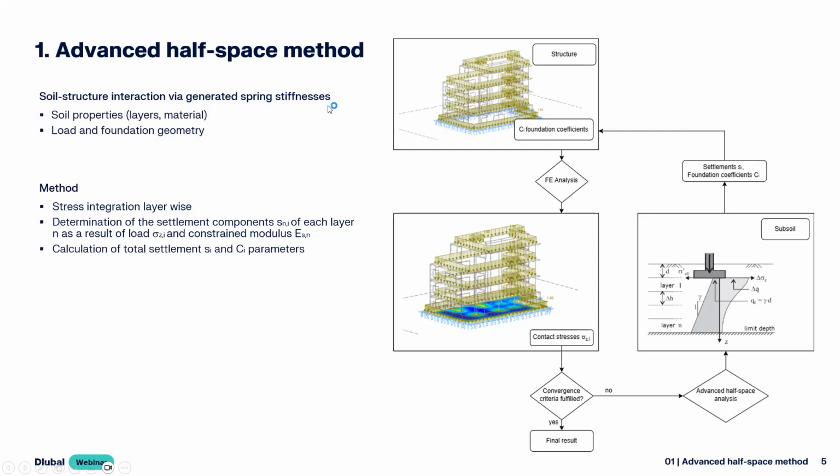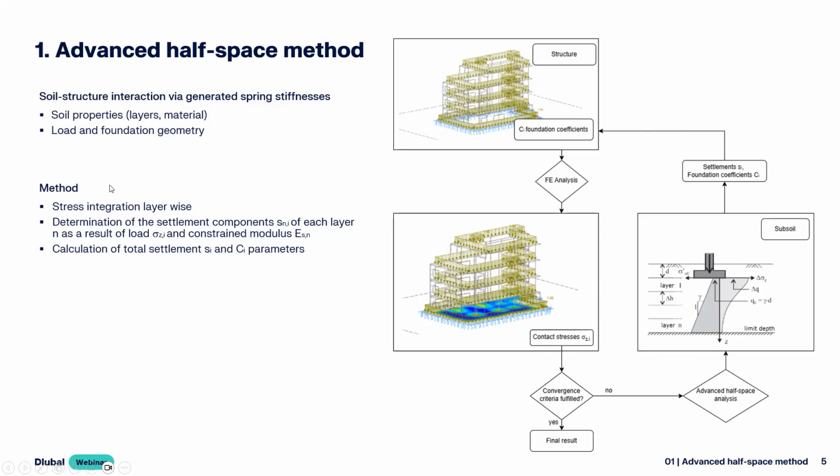So we have these surface supports and line supports, as we had a look at, and these are influenced by the soil properties, so the material, the stiffness, and also the layers, and by the load and the geometry of the foundation slabs.